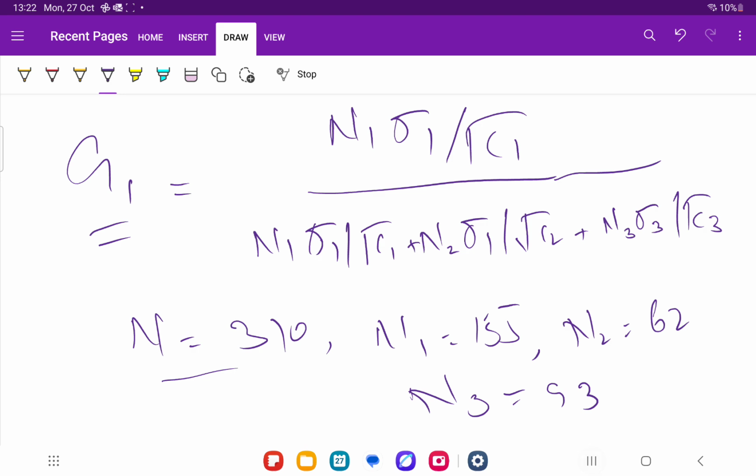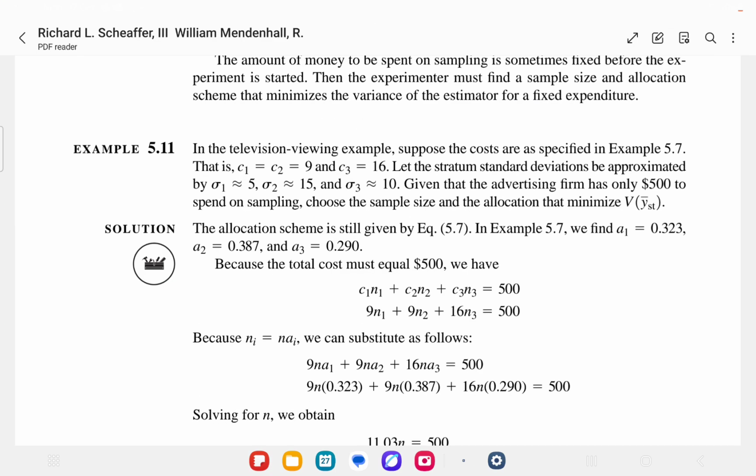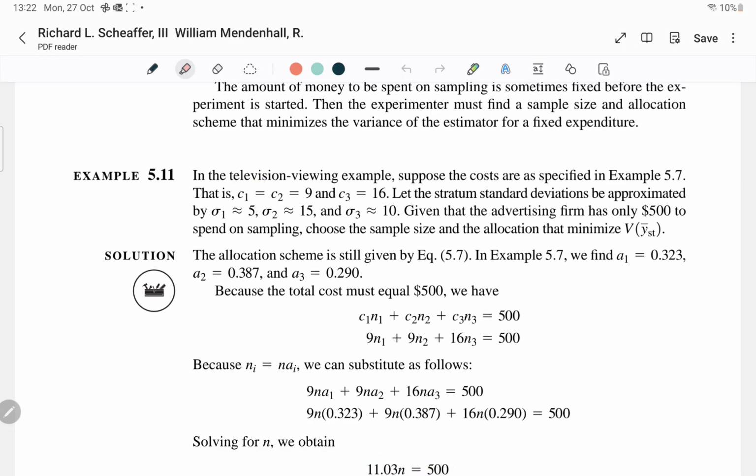If this is a complete question, it means that only capital N1, capital N2 and N3 will be given, and then you will be able to calculate all of A1, A2 and A3, because you already have C1, C2, C3 and the sigmas.